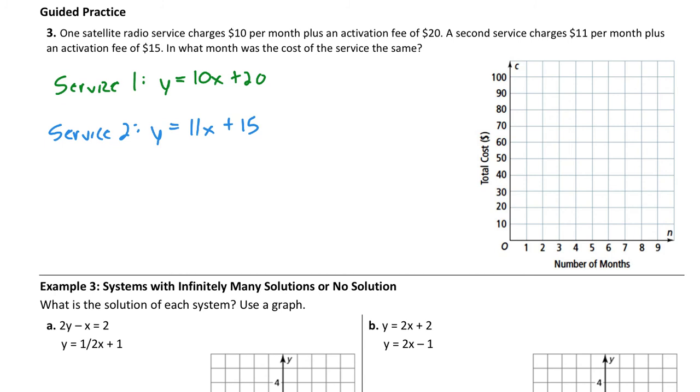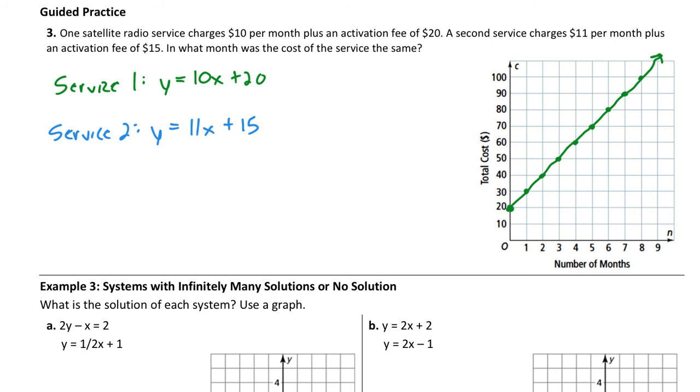So to graph this one, service 1 is easier to graph because I have a starting value of 20. For my slope, I go up 10, right 1. And up 10, right 1 is relatively easy to graph on this grid because it goes up by tens. So draw that the best you can.